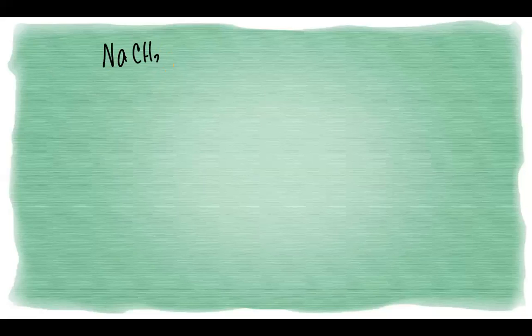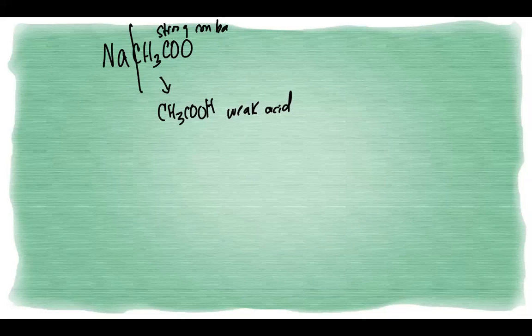Sodium acetate. Okay. So acetate comes from acetic acid, which is a weak acid, which makes acetate a strong conjugate base. Sodium comes from sodium hydroxide, which is a strong base, which means sodium is a weak conjugate acid. So here you have a weak conjugate acid plus a strong conjugate base.